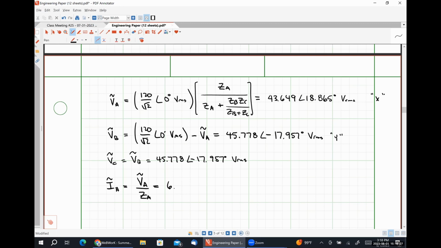I get 6.507 with an angle of negative 7.7 degrees.